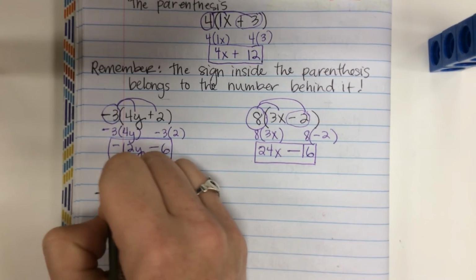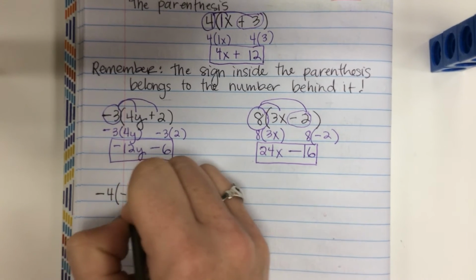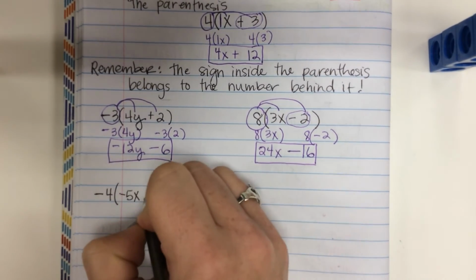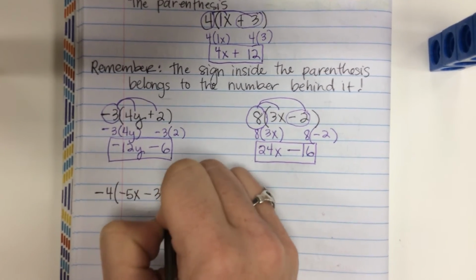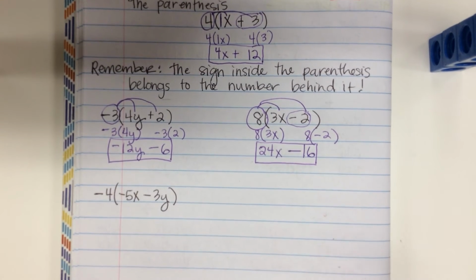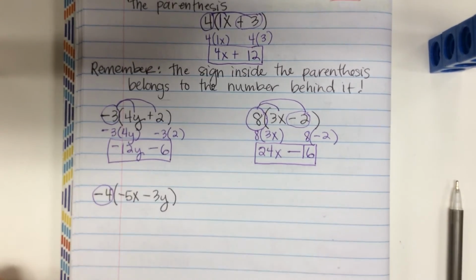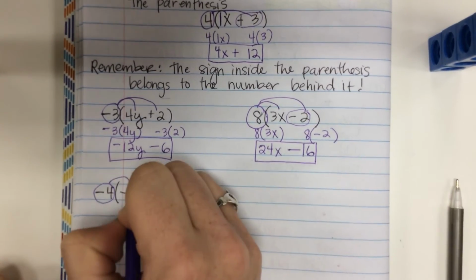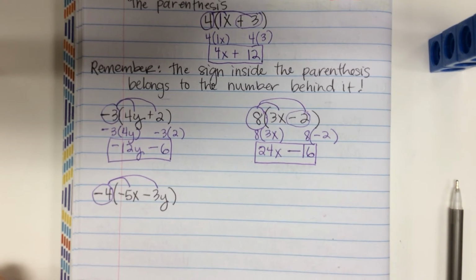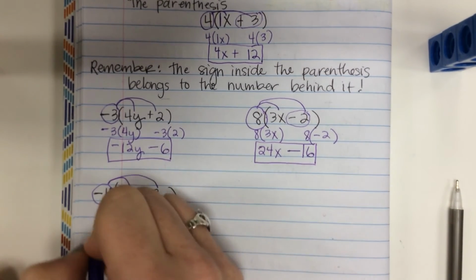Negative 4 parentheses negative 5x minus 3y. Oh man, this is a lot. At least take it step by step, we'll be okay. Negative 4 times negative 5x minus 3y. That negative 4 goes to both inside.